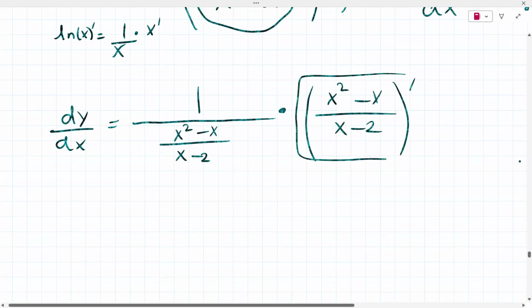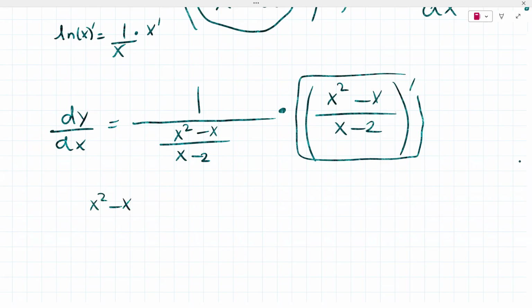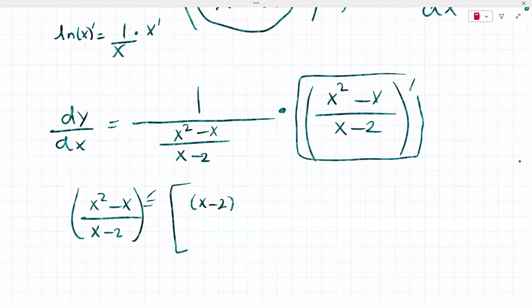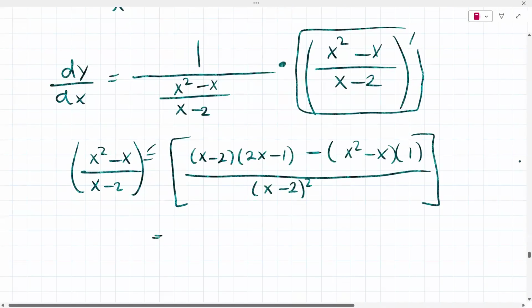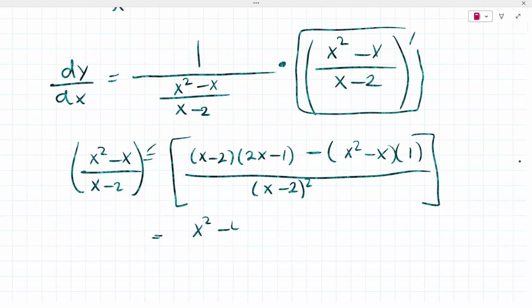Okay, so what's the derivative of this? Unfortunately, you're going to have to use the quotient rule. So x squared minus x over x minus 2, if you apply the quotient rule, and then clean that up, it should give you, on the numerator, x squared minus 4x plus 2.